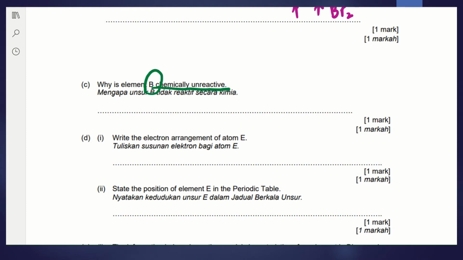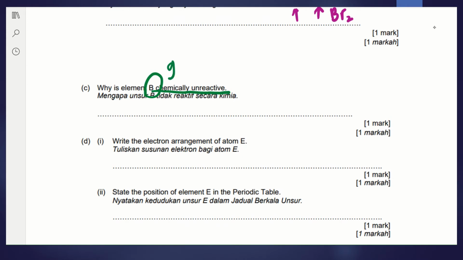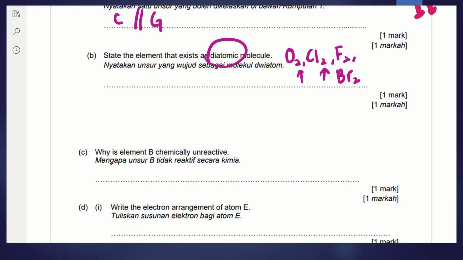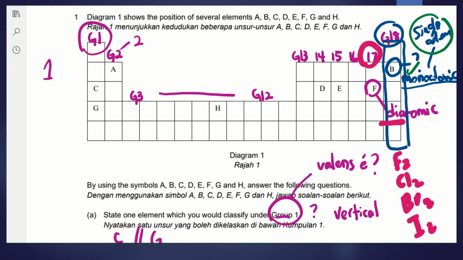Element B is in group 18, and we discussed before, element B is monoatomic and exists as a single atom.